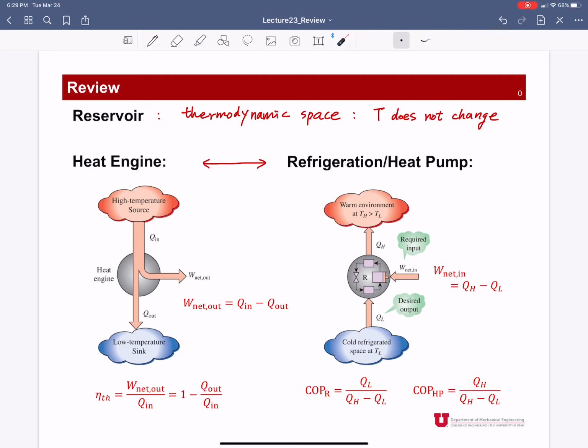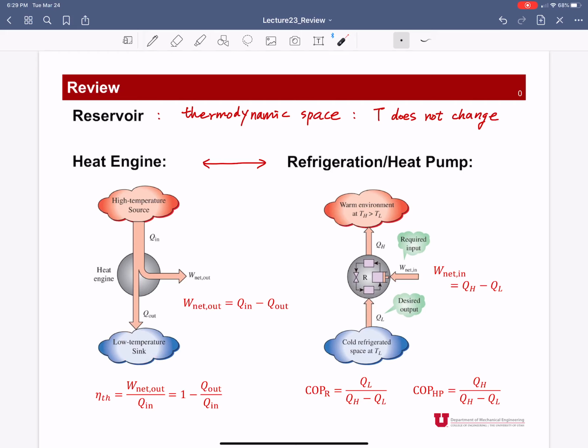Now for heat engine, and in general for a thermodynamic cycle, we need three very key systems or components. One is a high temperature heat source and the other is a low temperature heat sink.